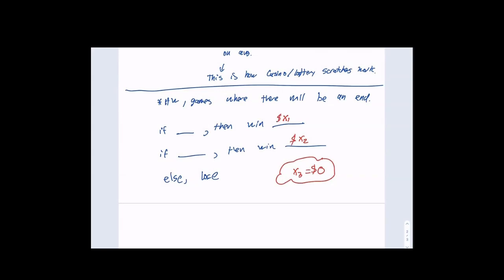And then these are some probabilities. This is the probability of the first outcome, the probability of the second outcome, and therefore if you lose, it's going to be 1 minus P(x1) minus P(x2). You would subtract because the rest has to happen.